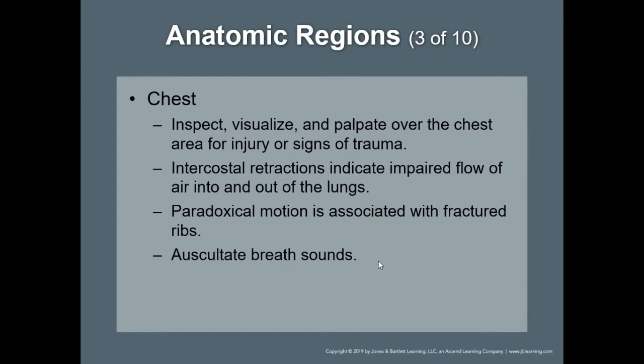Intercostal retractions, we're looking for that. This would indicate impaired flow of air into and out of the lungs. Paradoxical motion or asymmetrical motion is associated with a fractured rib. Auscultate for breath sounds. Must check for breath sounds.